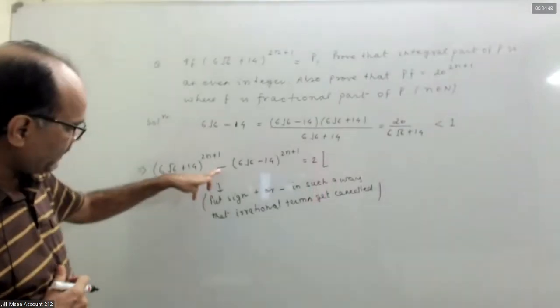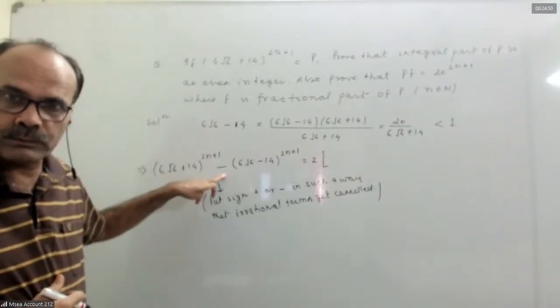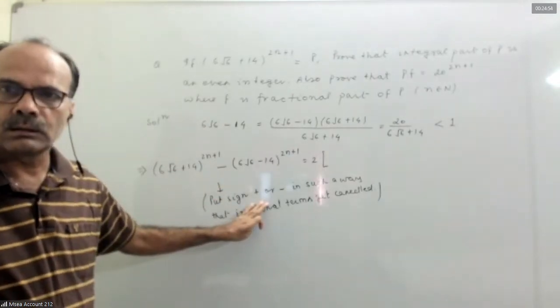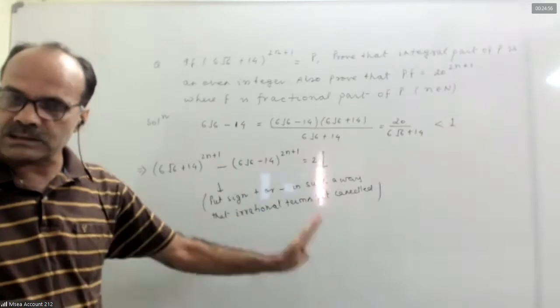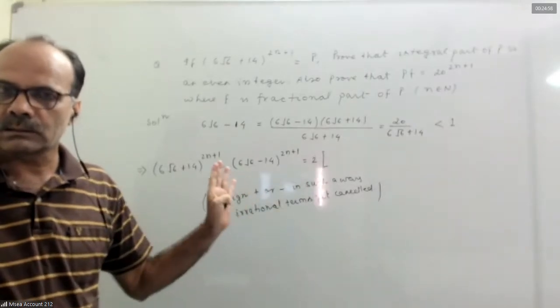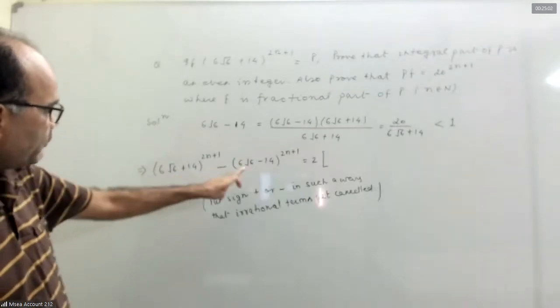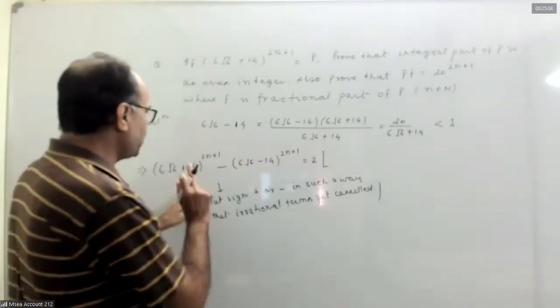Here sometimes we have to put plus sign, sometimes minus sign. What is the condition? The irrational term should get cancelled. So the first term will be cancelled, the second term will be added.